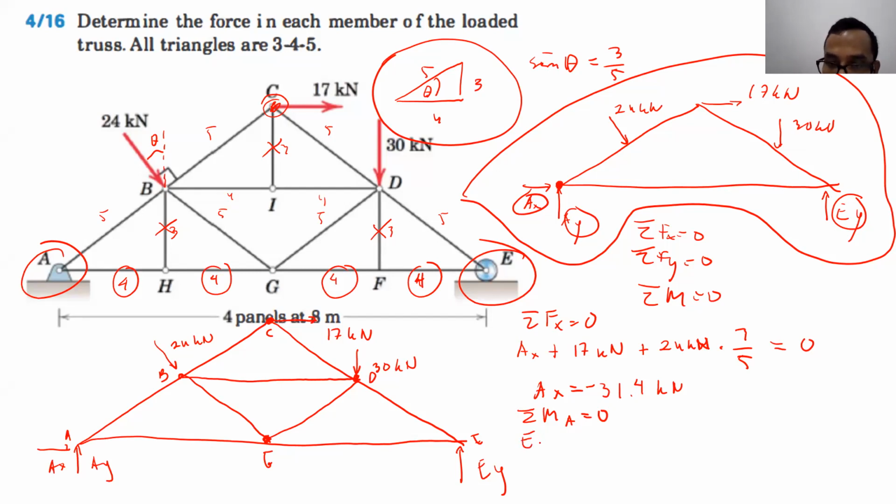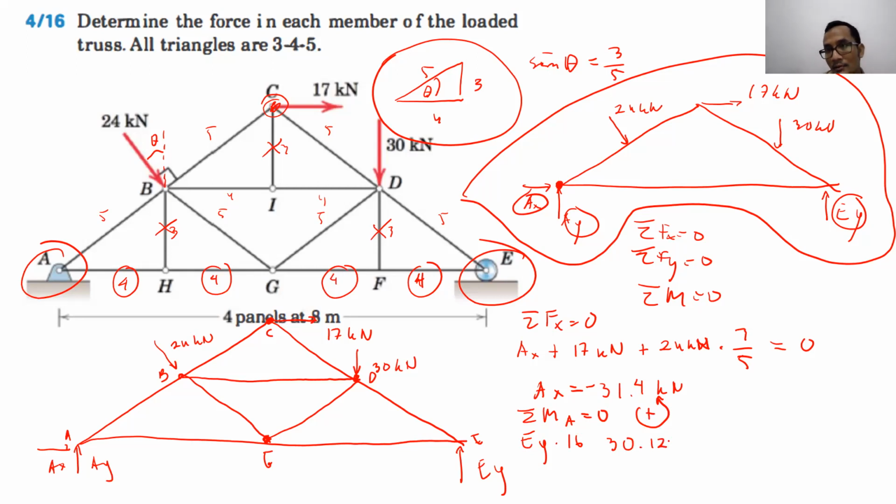Sigma moment, we make counterclockwise positive. EY multiplied by 16. What else do we have? We have 30. 30 multiplied by what? 12, correct.